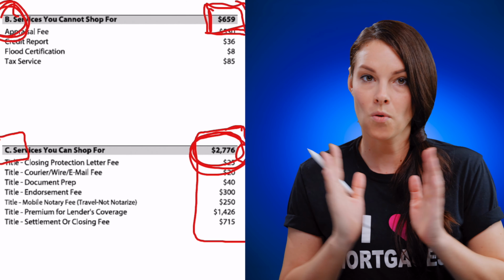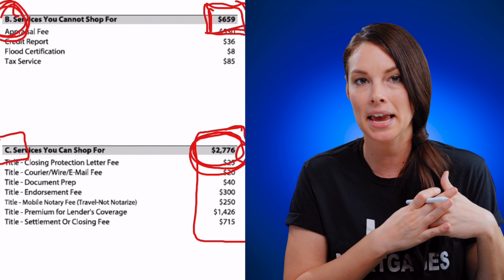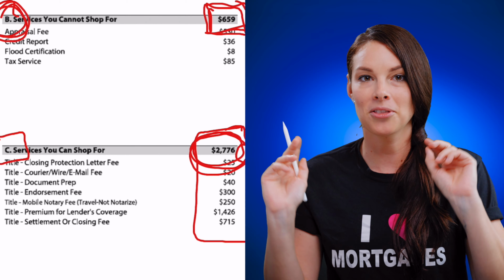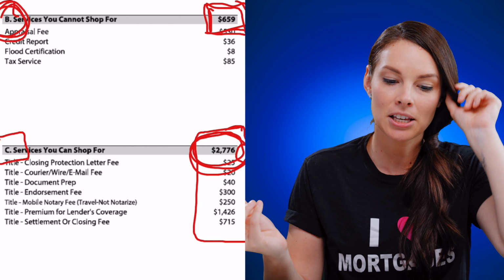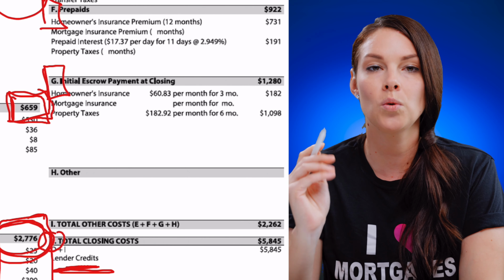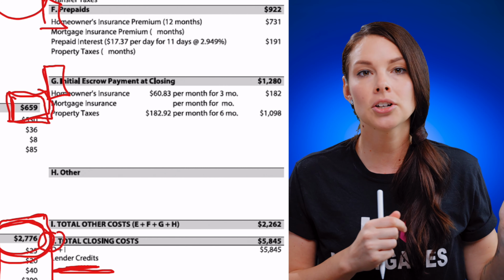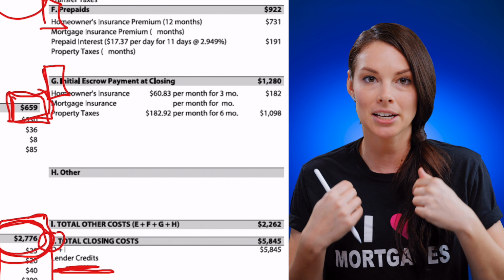And one thing to keep in mind. So I already told you that title costs, if you're a purchase, it's going to be the same across all lenders. Now this is where things get tricky, is if you look at section F and section G. We hear all the time people coming, especially for refinances, saying, well, this lender's numbers are so much less than yours.